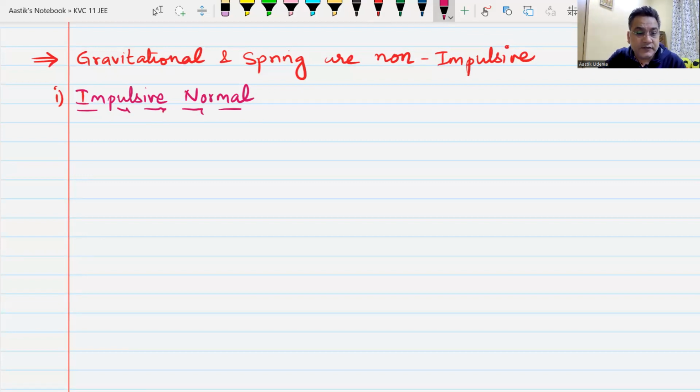And if you are a bit careful, you will be able to understand in what case which force is impulsive and in what case which force is non-impulsive. We will see when normal is going to be impulsive and when it will be non-impulsive. So here is a diagram, case number 1 that I have drawn.